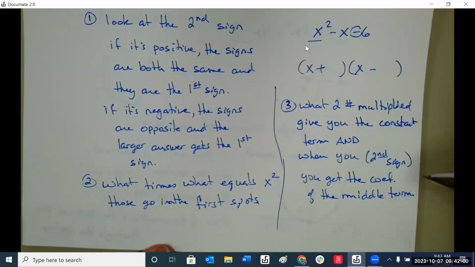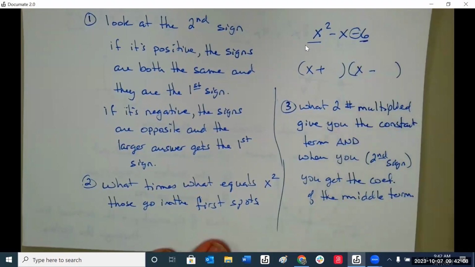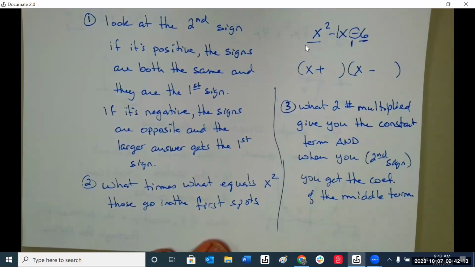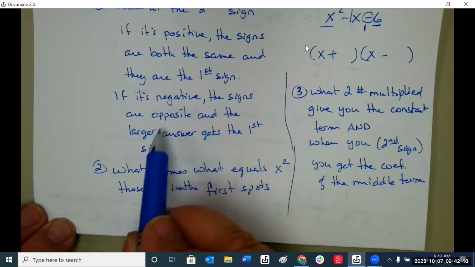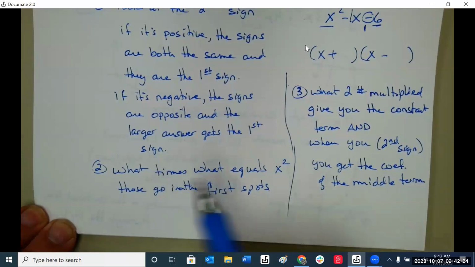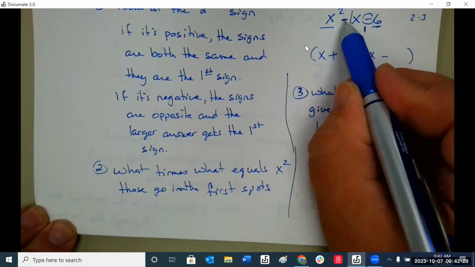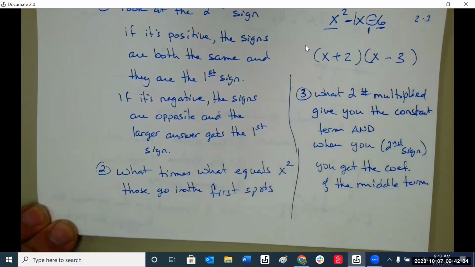It sounds cryptic, but it makes sense once we look at it. So what times what equals 6, that when we subtract them, we get 1? 2 times 3. And since we have two different numbers, since the second sign is negative, the bigger number gets the first sign. So the answer is 2 times 3. Since the first sign is negative, the 3 goes there. That's how it works.